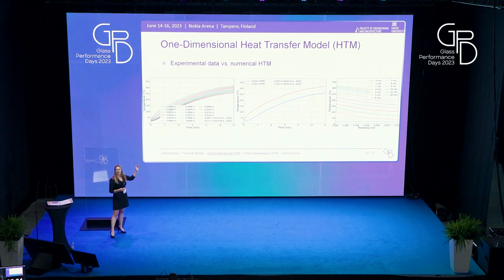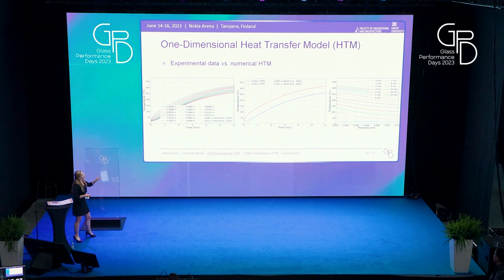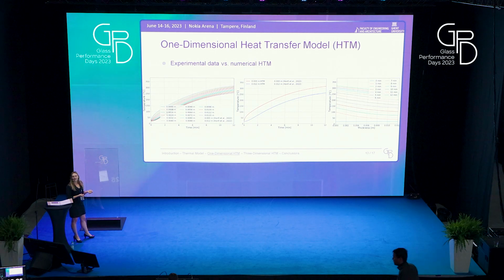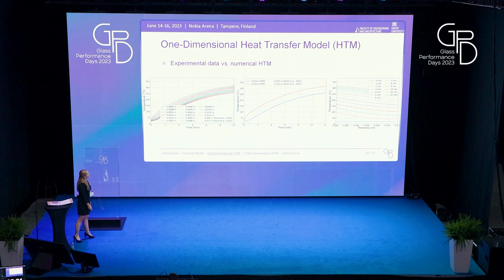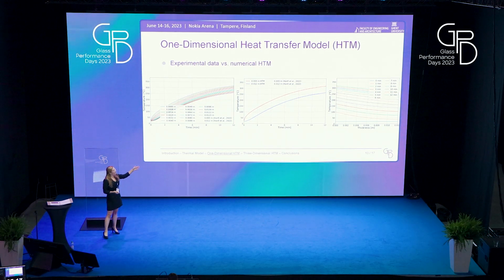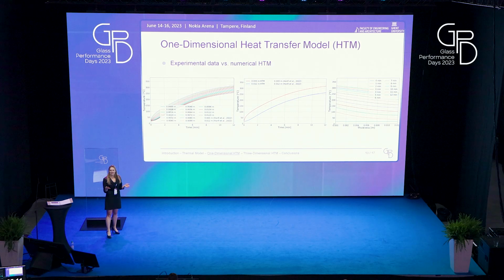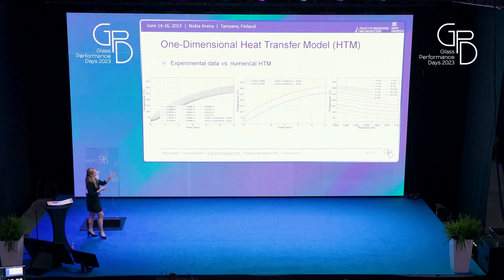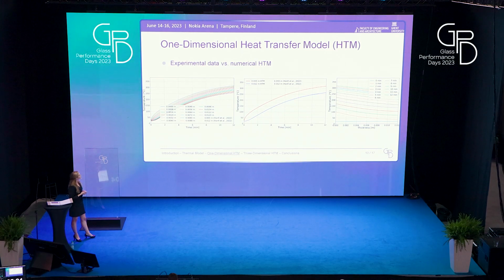There you only have the graph of the exposed element and the unexposed element, and as you can see, the data fits quite well on the experimental data from literature. Of course, because we are modeling numerically, we can also make a graph of the in-thickness evolution of the temperatures. That's something that we cannot really observe in experimental testing, so that's also an advantage that we can get from this numerical model.